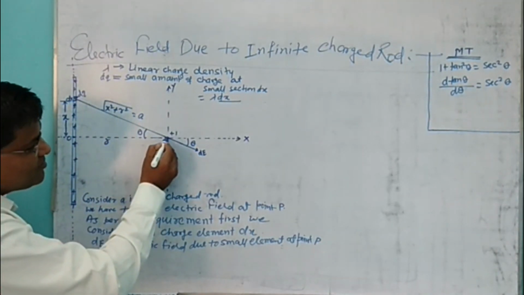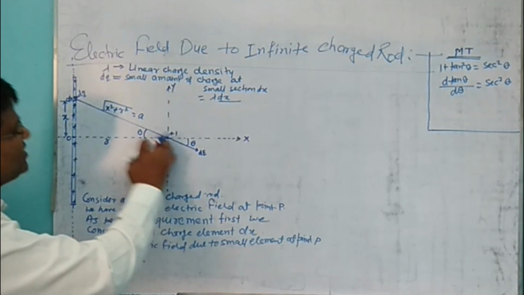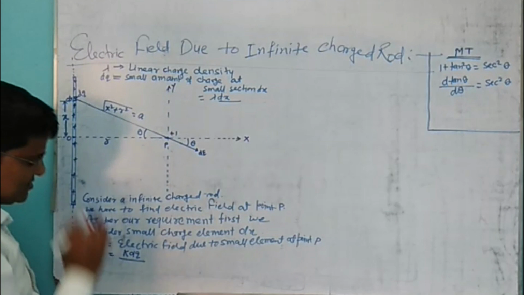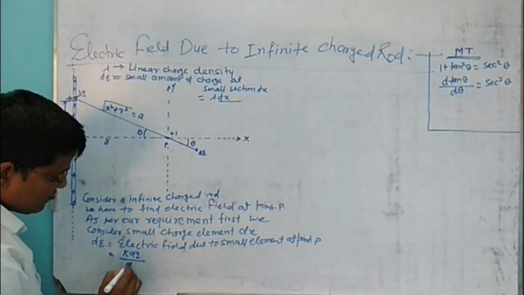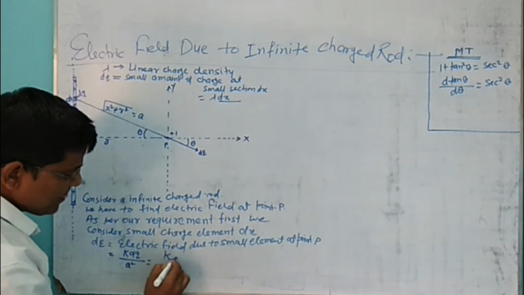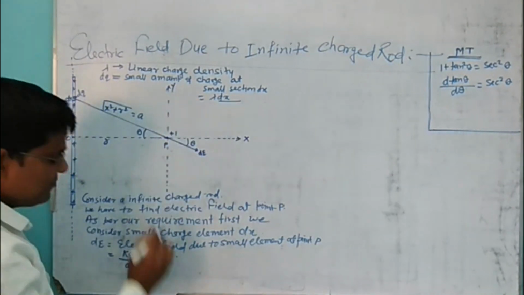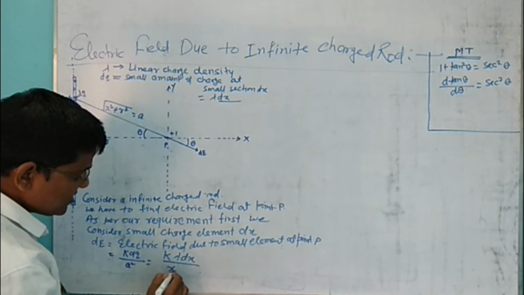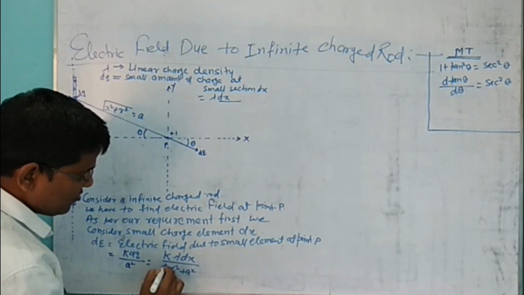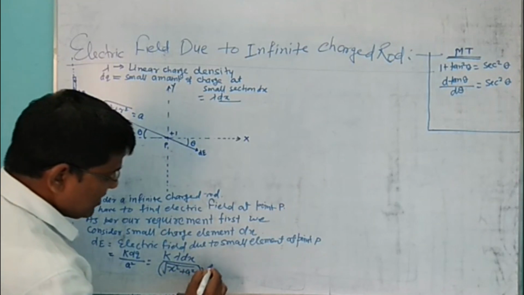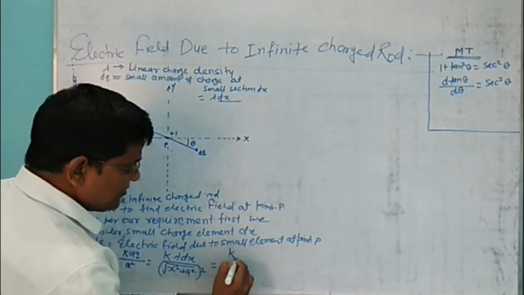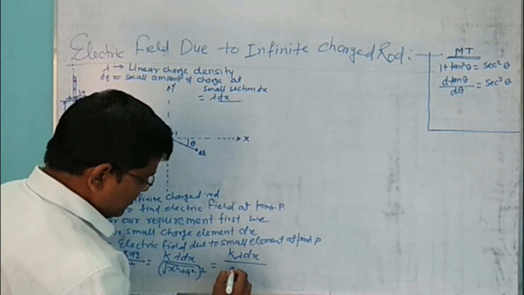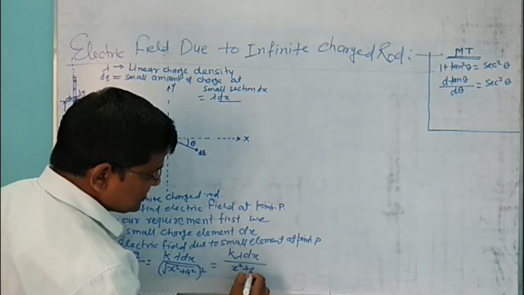The distance between the two charges, one here and the other here. That's why we consider this distance, squared. So k dq, where dq is lambda dx, by the square root of x square plus a square, whole squared, and this becomes k lambda dx upon x square plus a square.